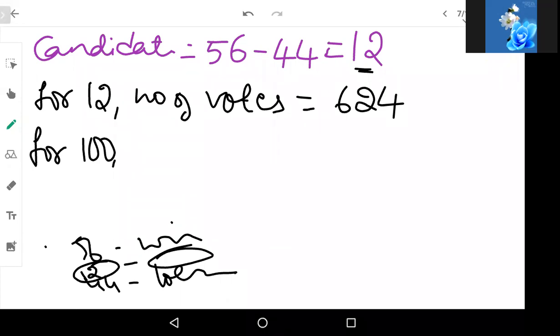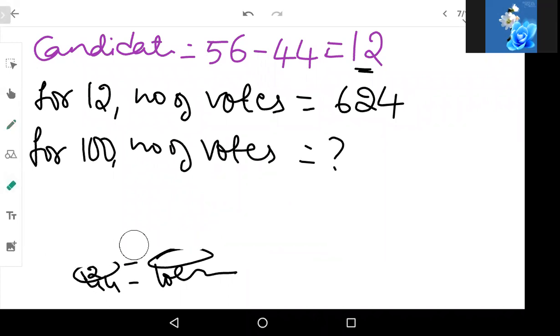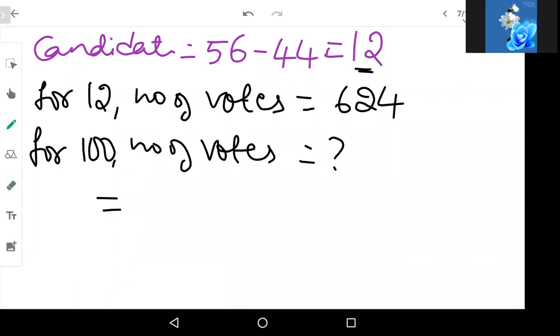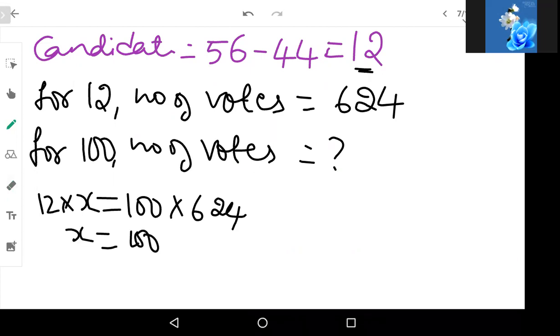Now we can do the cross multiplication. Number of votes is equal to question mark. So you will get 12 into x is equal to 100 into 624. So x is equal to 100 into 624 divided by 12.